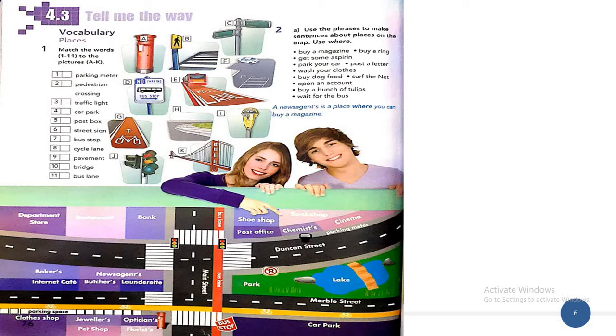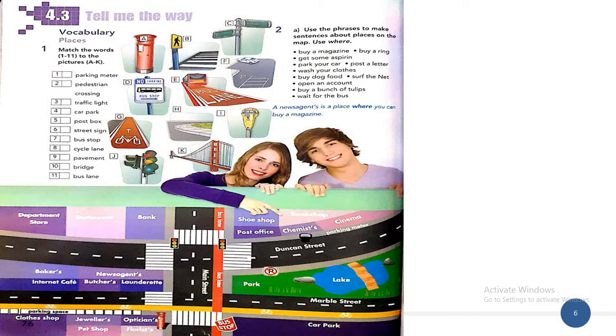So, 1. Parking meter. 2. Pedestrian crossing. 3. Traffic light. 4. Car park. 5. Post box. 6. Street sign. 7. Bus stop. 8.